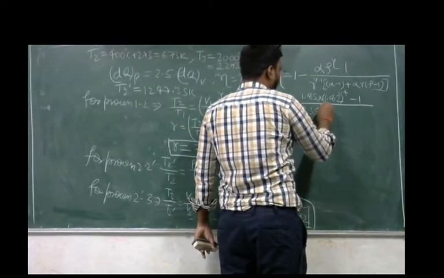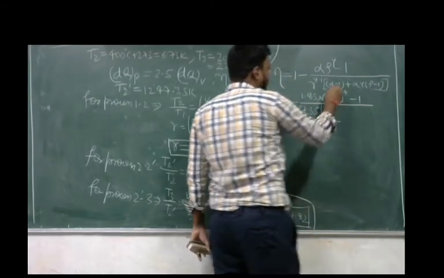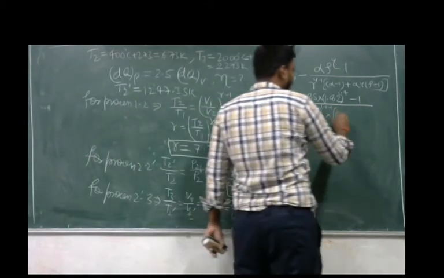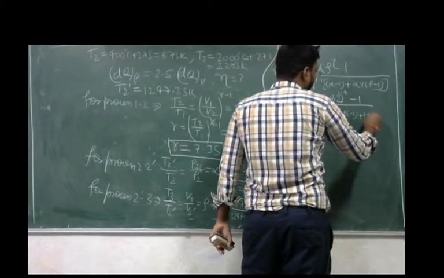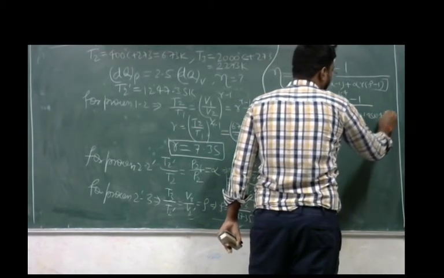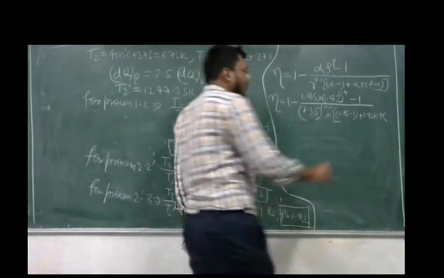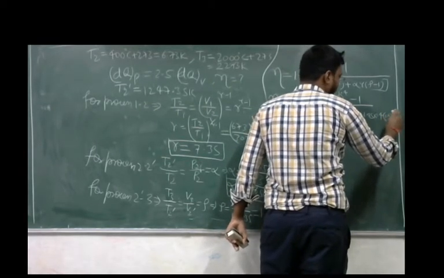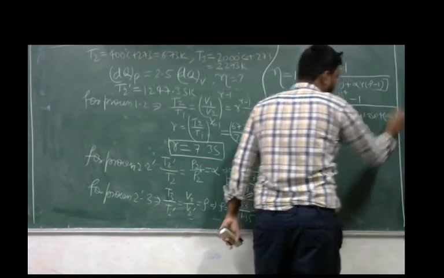Put here 7.35 to the power 1.4 minus 1, into within bracket alpha minus 1, where alpha equal to 1.85, plus 1.85 times gamma, which is 1.4, and within bracket rho minus 1, where rho is 1.82.